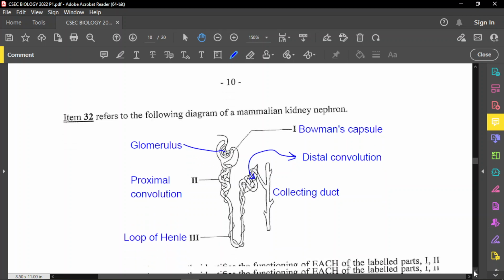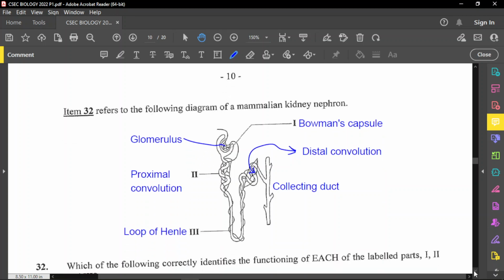Question number 32. And here refers to the mammalian kidney nephron. And I labeled that as well. So we have the glomerulus, we have the Bowman capsule, we have the proximal convolution, and the distal convolution. A very easy way to remember which one is proximal and distal is that proximal means it is closer to the Bowman capsule, and distal means it's further away in the distance.